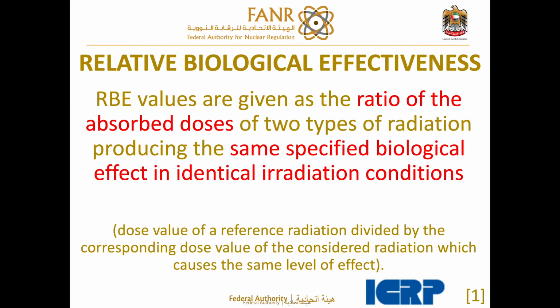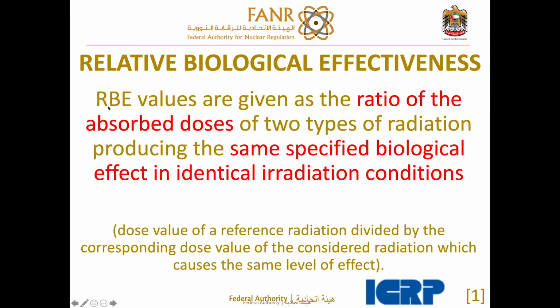Now we take another radiation and we want to assess what is the amount of that radiation creating the same effect, the same 60% death ratio in the Petri dishes as the reference radiation.